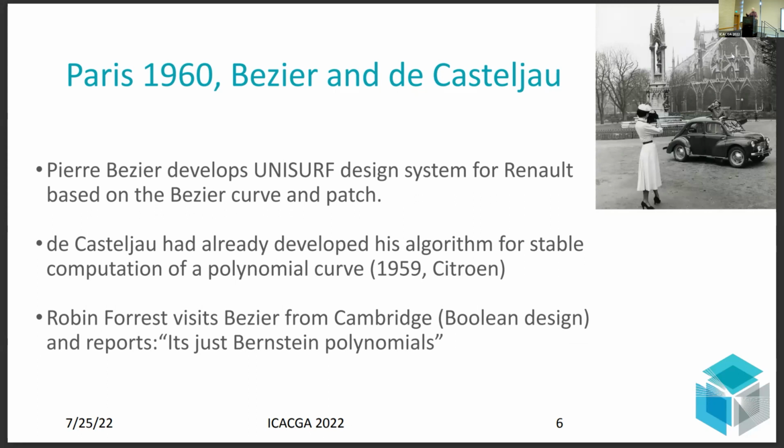And shortly thereafter, Dassault, the major aerospace company in Paris, also started doing this. Pierre Bezier at Renault developed a system called Unisurf for designing curves. At about the same time, actually about a year ahead of him, Paul de Casteljau developed a curve system and a surface system for design.